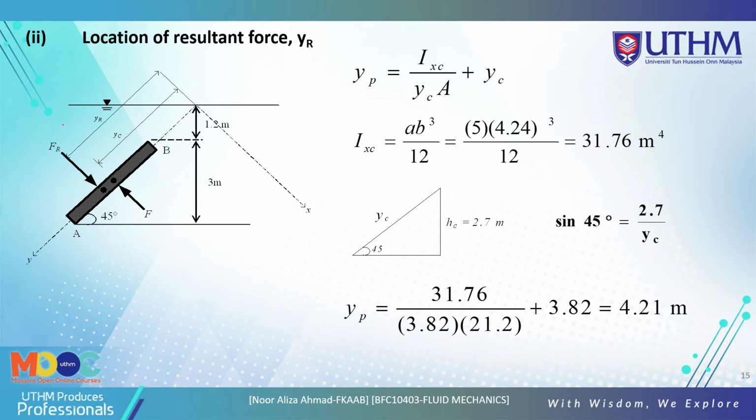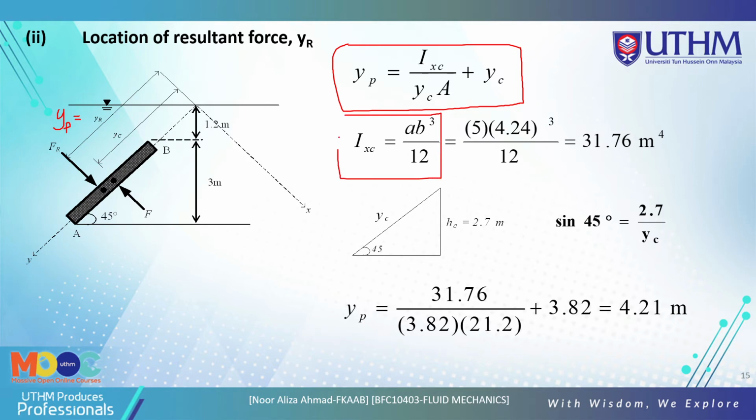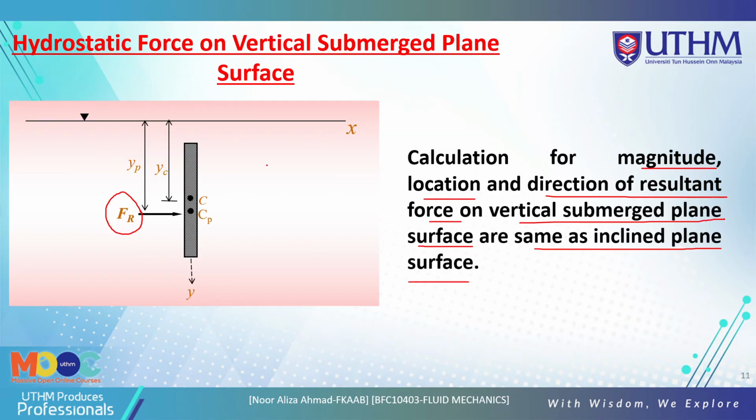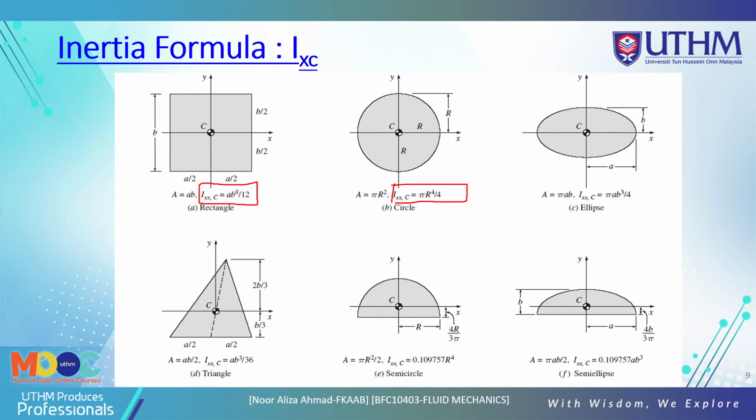Now you look at the location of the resultant force, YR. We use this equation, because this is for location, you want to find the YP or YR. So we use the rectangular formula, A B to the power of 3 divided by 12.